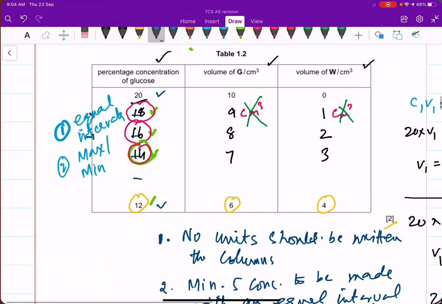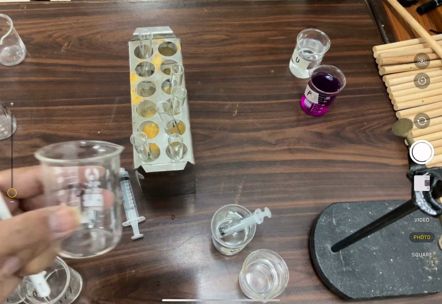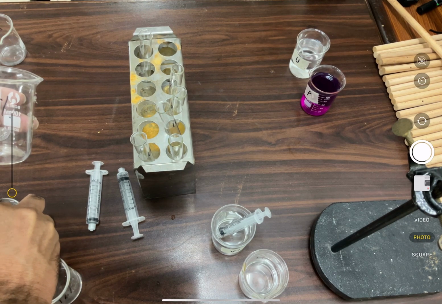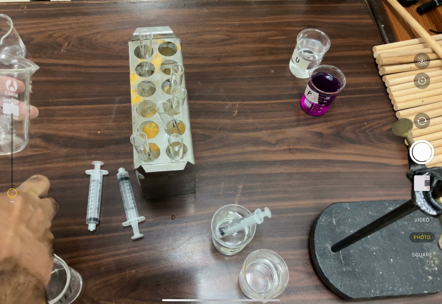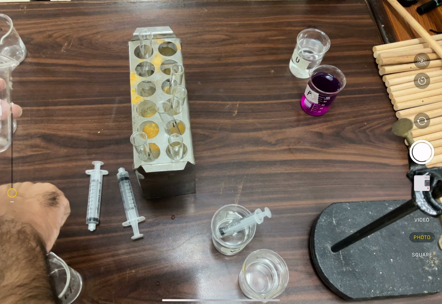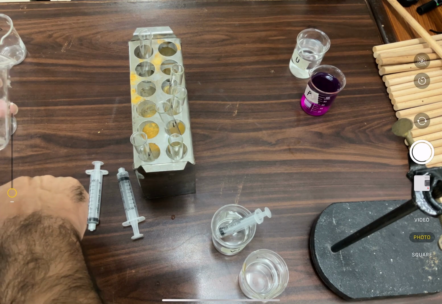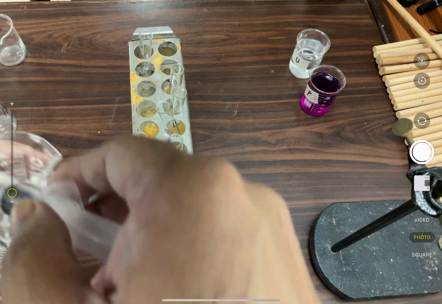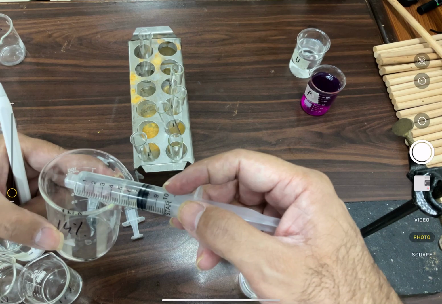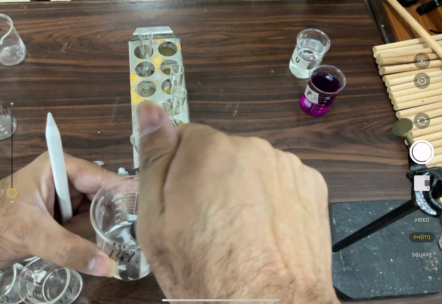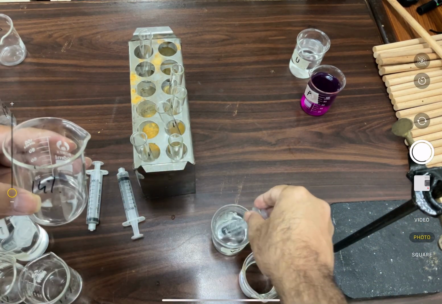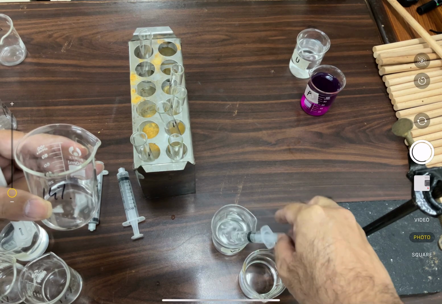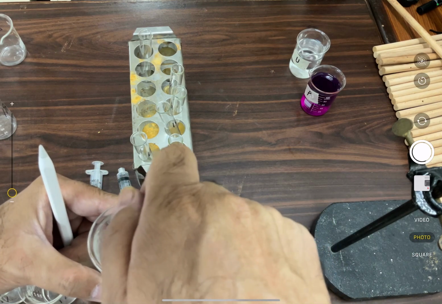So let's see, 7 cm cube from here, this is 7 cm cube, and then 3 cm cube of this distilled water has to be added into it. Okay.